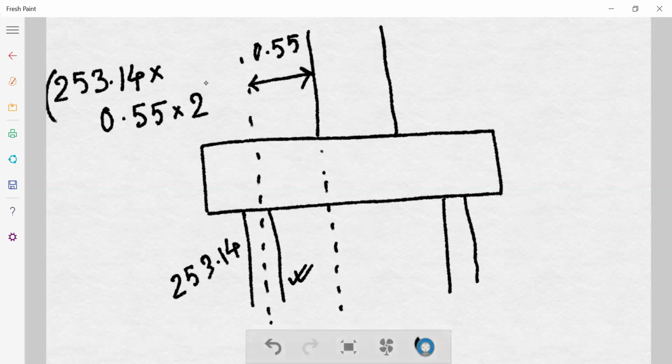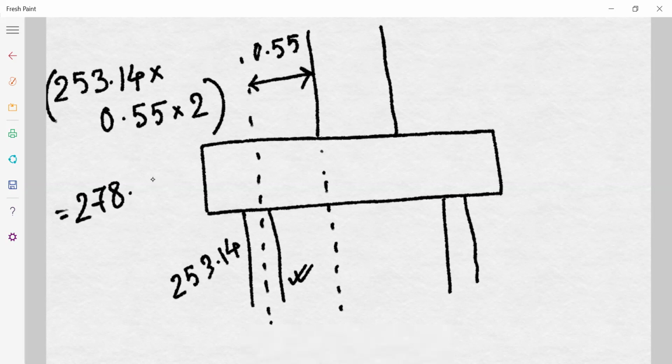So that will be the total moment: 253.14 into 0.55 into 2, which becomes equal to 278.45 kilonewton meter.